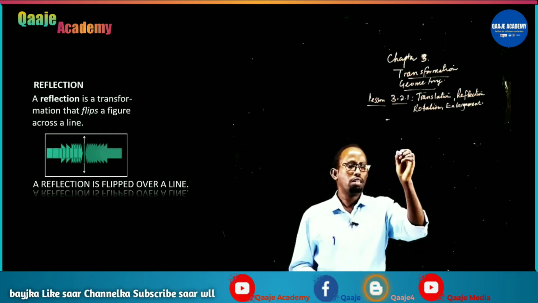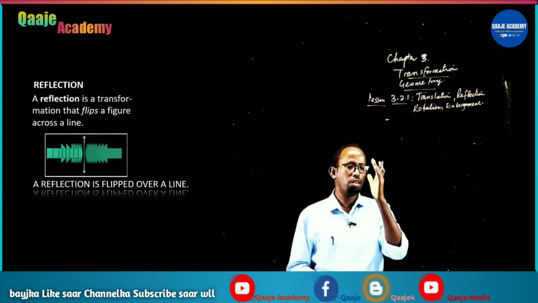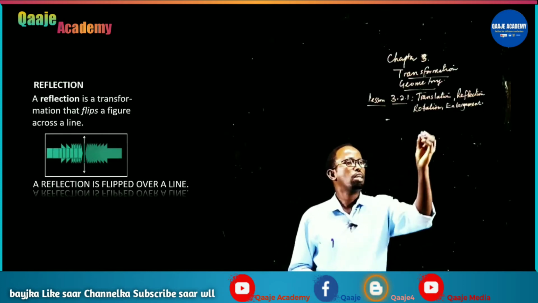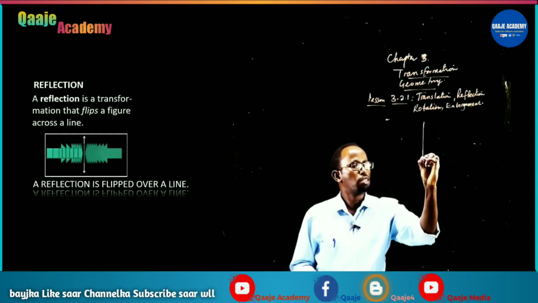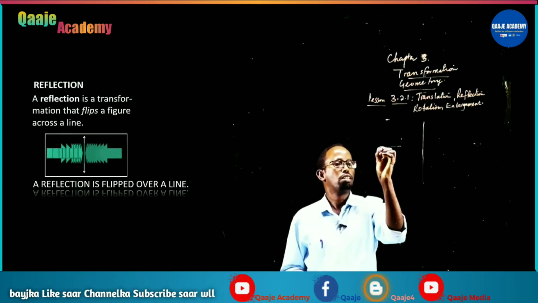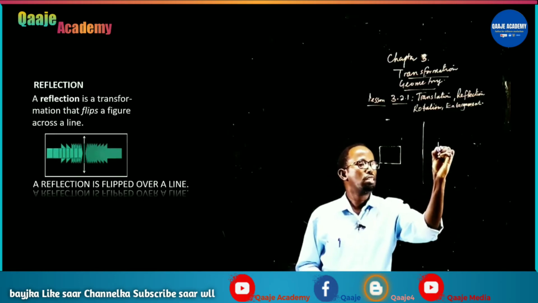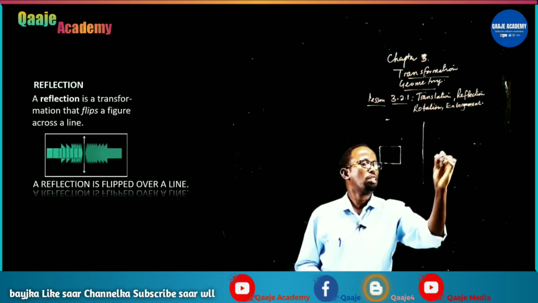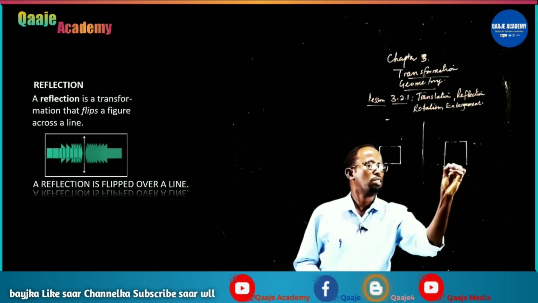Now from that flip, you can see we have the object and then the image. Let me write also the properties of reflection. Assume this is the object, and then this one is the image.